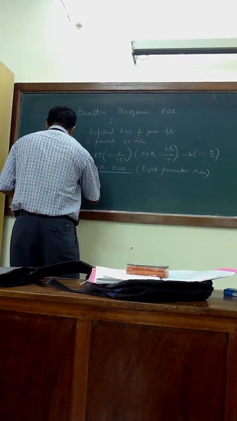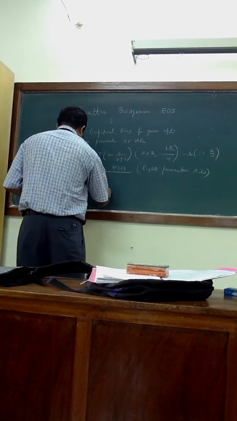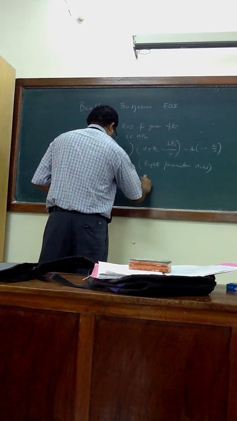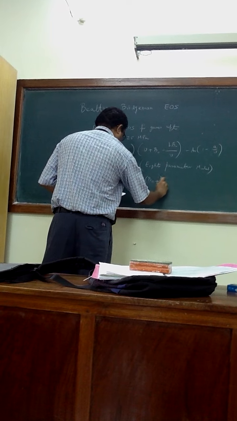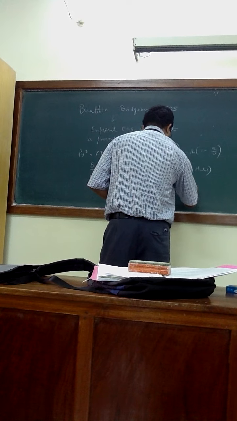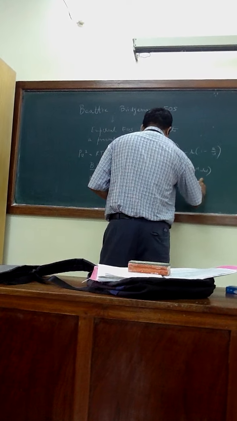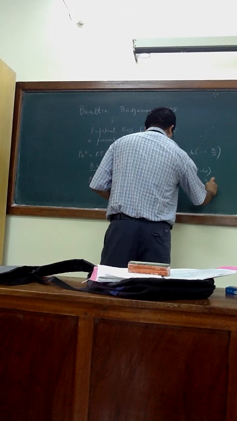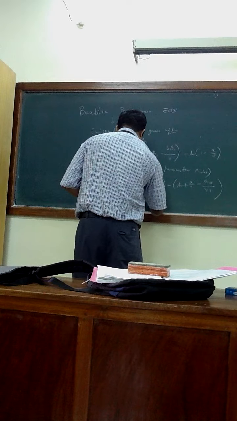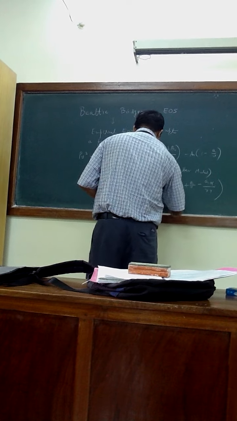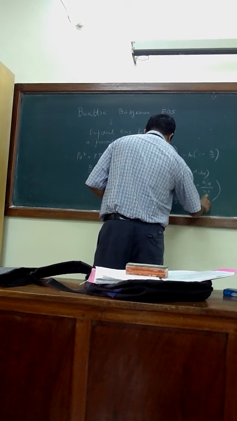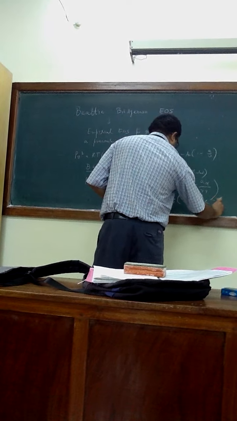which is P equals RT by V plus 1 by V squared into RT B0 plus B by V minus A0, plus A by V, minus A alpha by V to the power 4, minus 1 by T squared C0 minus C by V into 1 plus gamma by V squared e to the power minus gamma by V squared.